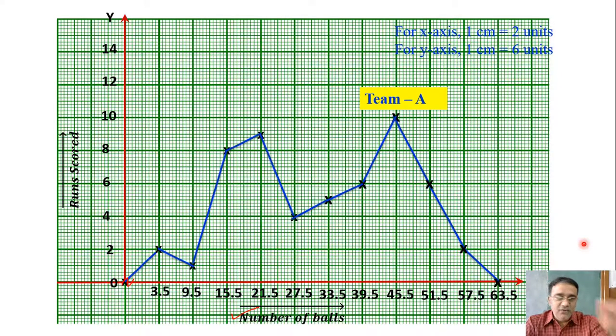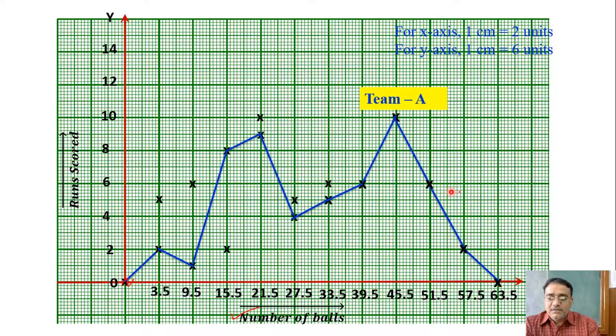No, sir. Okay, now we have to plot for team B. So we'll start from 3.5. 3.5 has 5, so it will come over here. Next is 6, 2, 10. After 10 comes 5, 6.